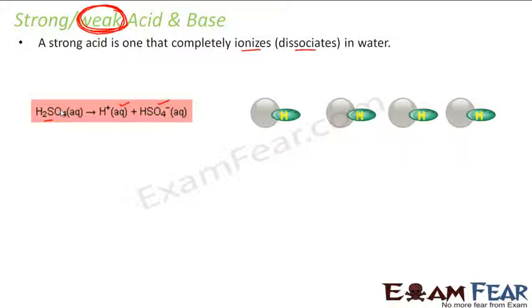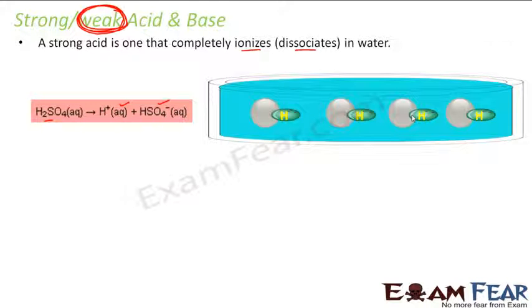If you want to see graphically how it is, for example, there are four molecules. Each of these four molecules has a hydrogen, H plus, attached. The moment you put them in water, all these molecules break, and almost 100% ionization happens.